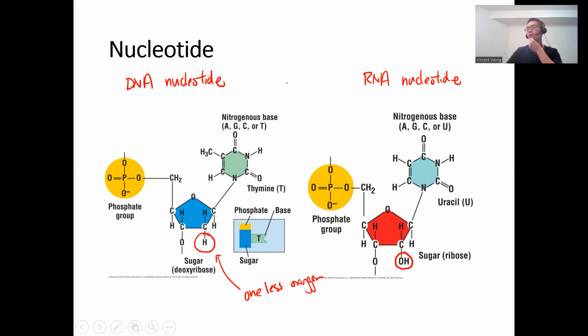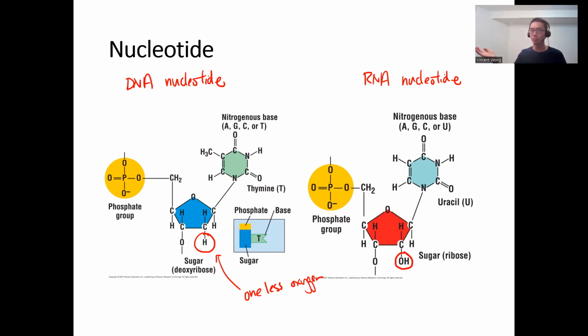Now the nitrogen base is called nitrogen base because it has nitrogen on it. For DNA, it could be one of 4 things: A, G, C, or T. All our genetic material is made up of these 4 letters. We have literally billions of these letters in every single one of our cells.